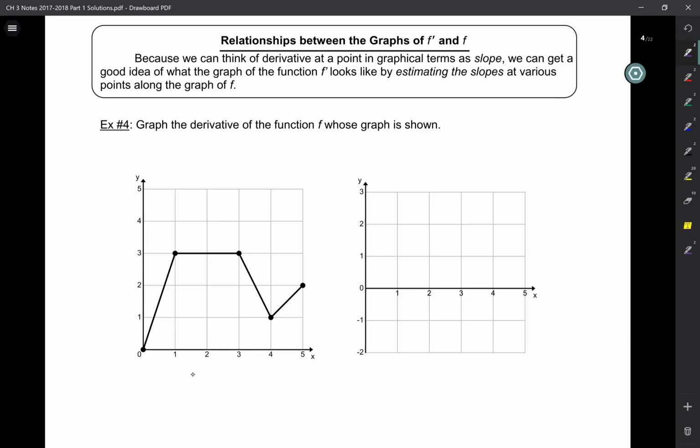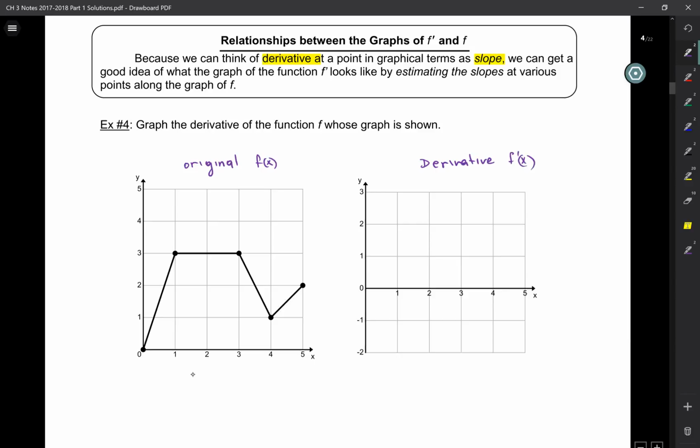Now, here, derivative is slope. If I have a function f of x, so this is the original function, we know that the derivative is just the slope of the original.